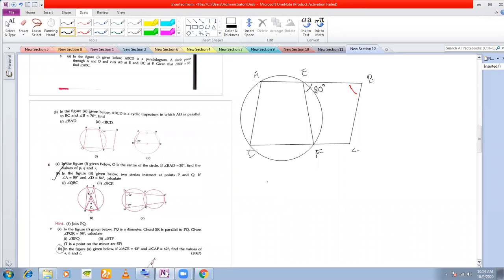Okay. So first of all, I will say that angle ADF is equal to angle BEF is equal to 80 degree. Why? Because I'll first write here AEFD is a cyclic quadrilateral.